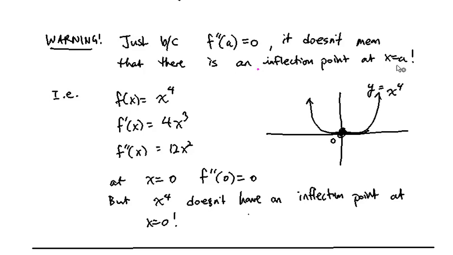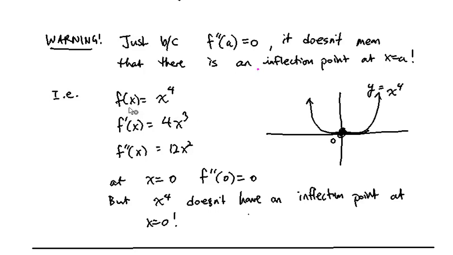For an inflection point to exist, I have to have two conditions, where this must be true and there must be a change in concavity. So you need to check both conditions before you conclude that there's a point of inflection there.